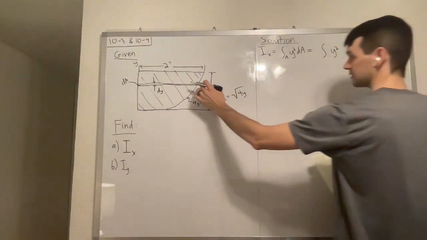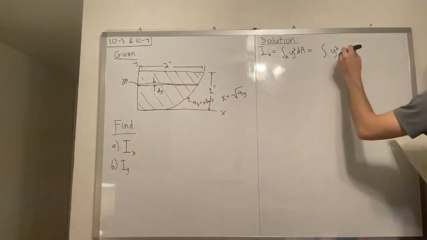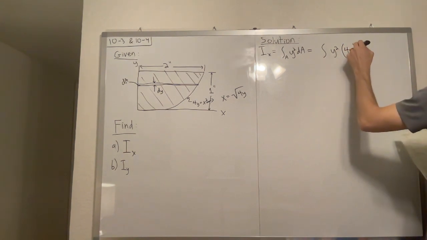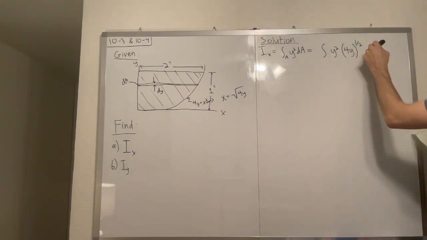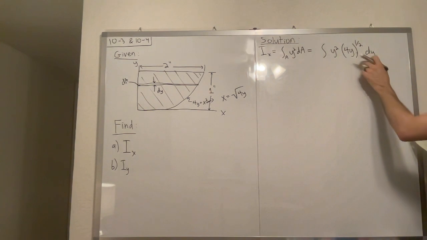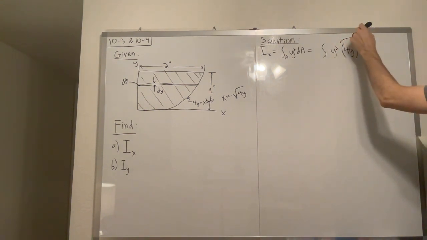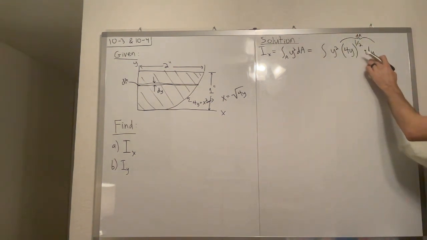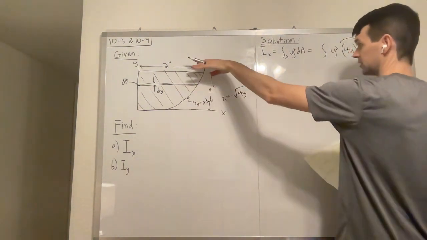So we're going to plug in x, because that's the base of our infinitesimal area. The square root of 4y, I'm just going to represent as 4y to the 1/2 power, times dy. So this was dA. And we're going to integrate that, because now it's dy, from 0 to 1, right?